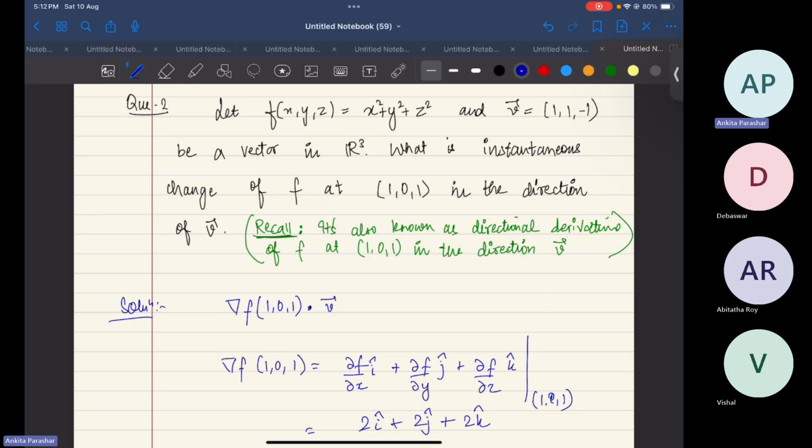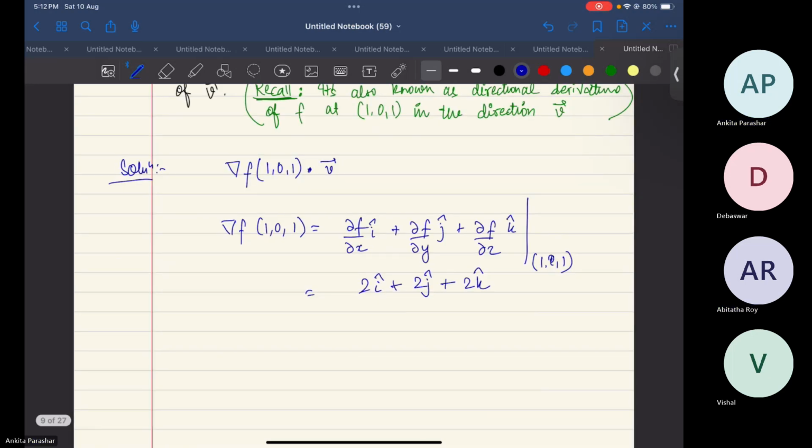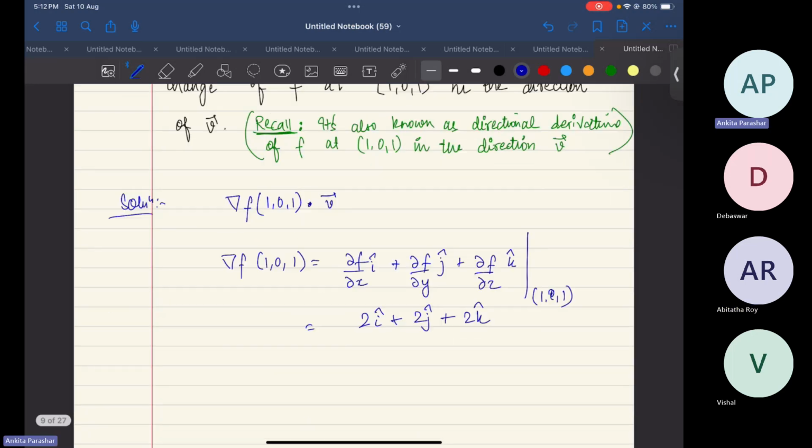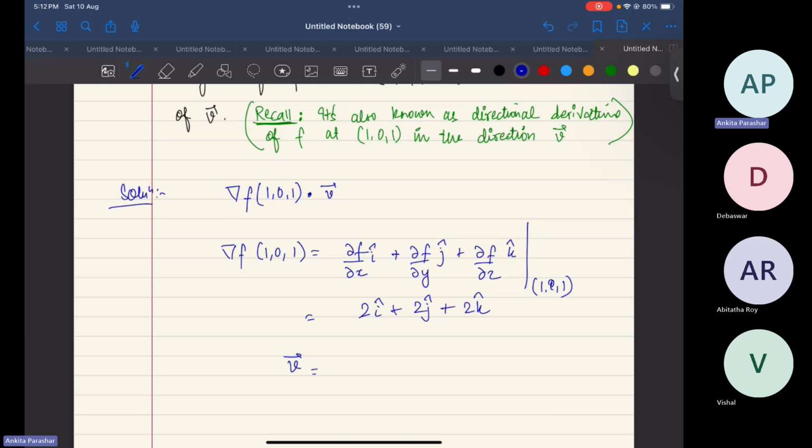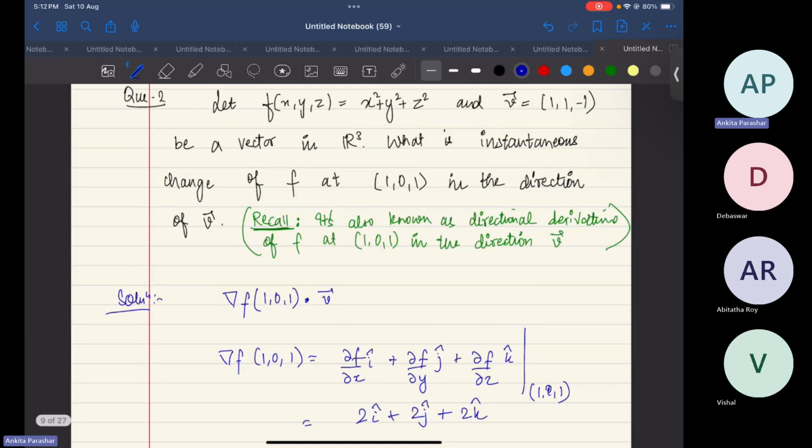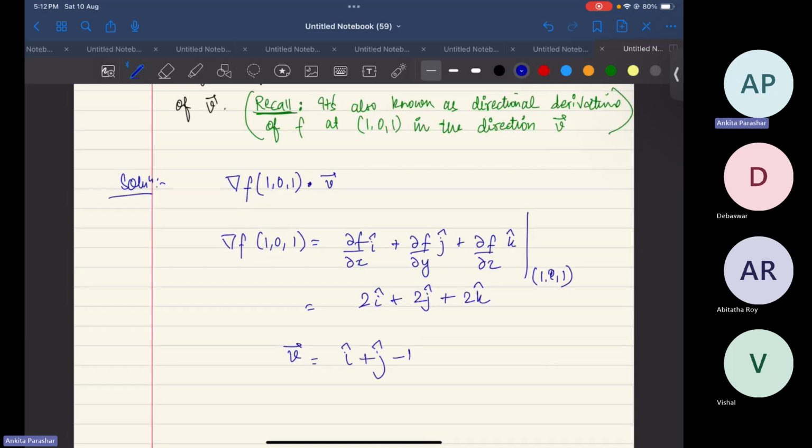And then what is the instantaneous change? The point is 1, 1, minus 1 for the other vector. Your vector is i cap plus j cap minus k cap.